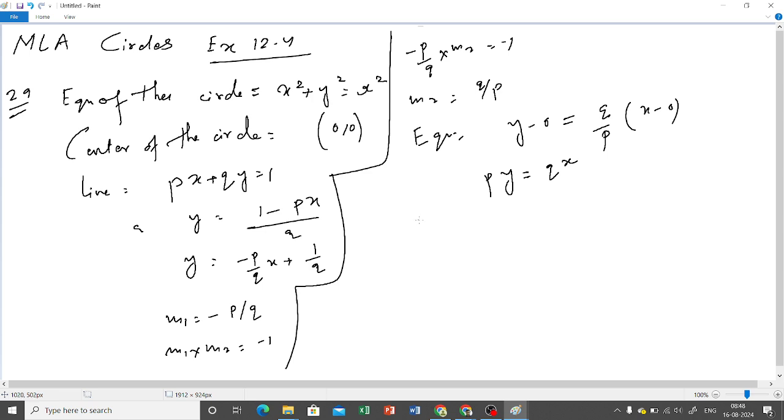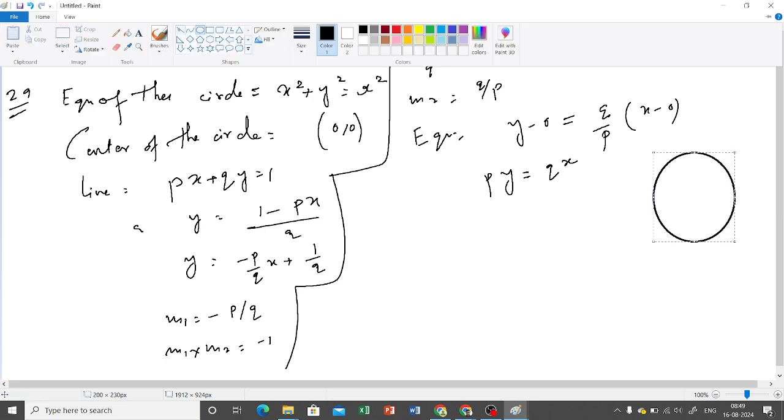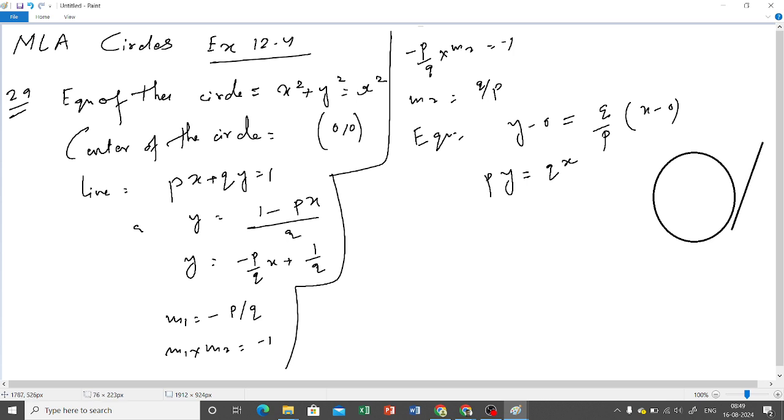So this is the equation of the radius. Okay, equation of the radius. So if I draw the diagram, this is the circle and this is the radius.